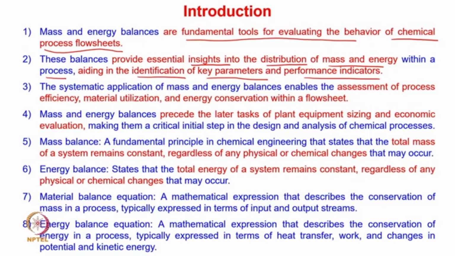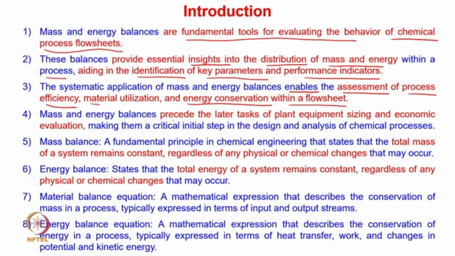Then the systematic application of mass and energy balance also enables the assessment of the process efficiency. It also gives information about the material utilization and the energy conservation within the flow sheet. These are important pieces of information when we are looking at the profitability of the given process flow sheet.